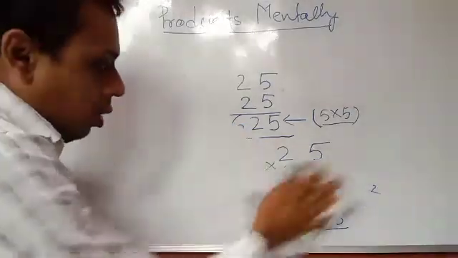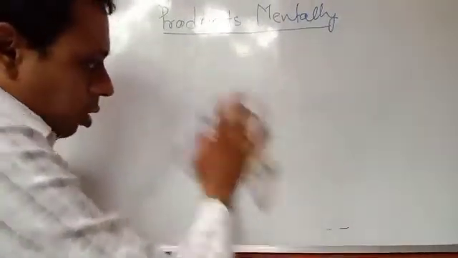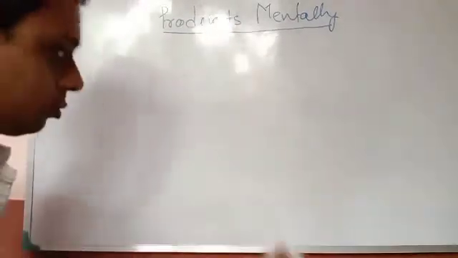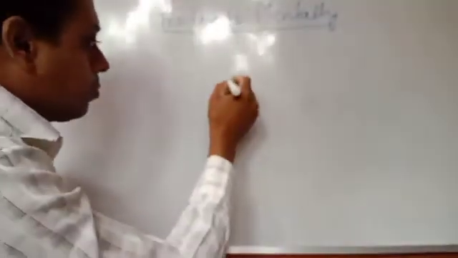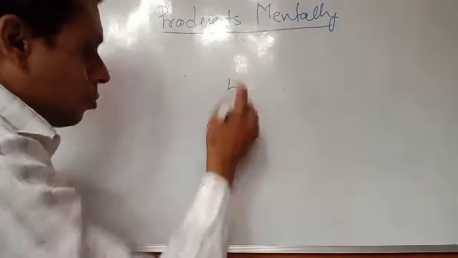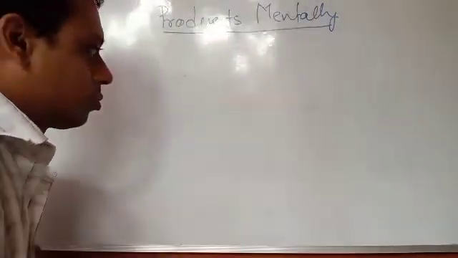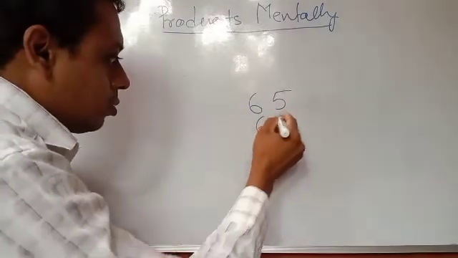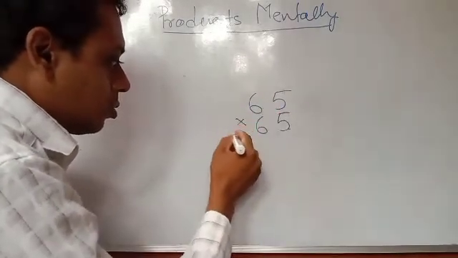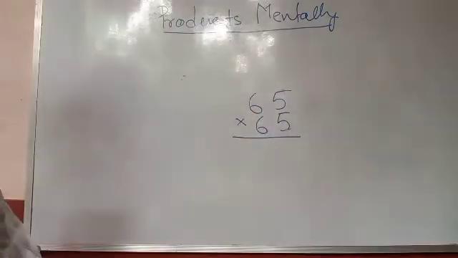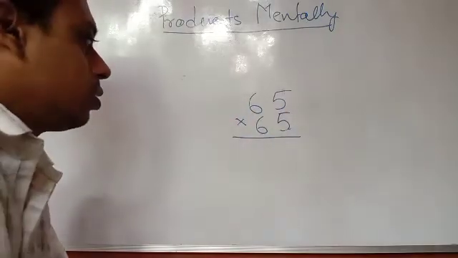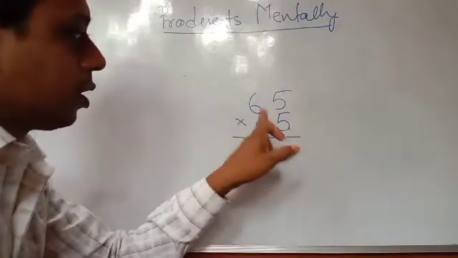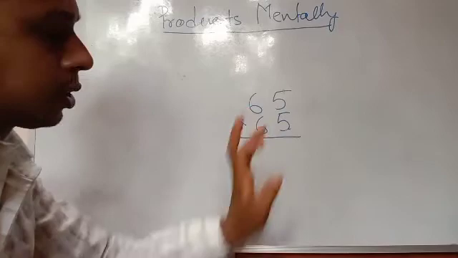Another one I am showing. You multiply 65 and 65. In one place, in both the number, 5 is there and both are 65.